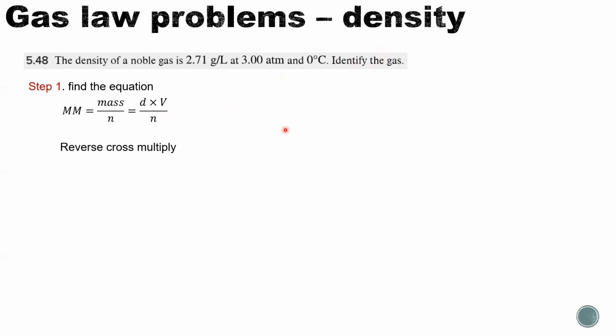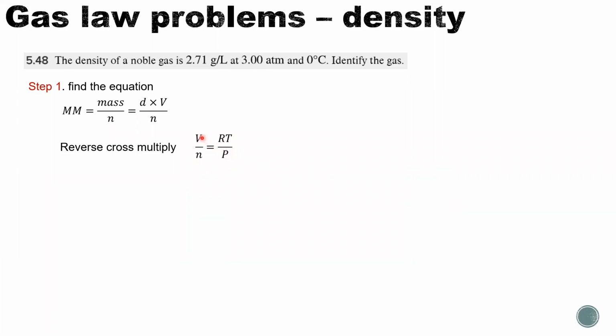If you're familiar with the ideal gas law, the V over N section can be calculated from the ideal gas law. Remember PV equals nRT.